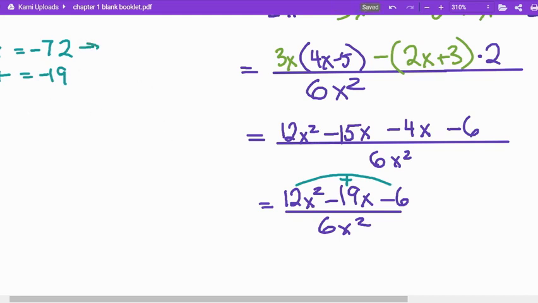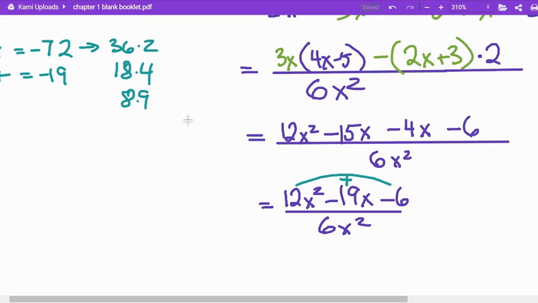For 72, I know it's 36 times 2. That would also be 18 times 4. What else? 8 and 9. Do any of those give me 19? No. Okay, we tried. Good.